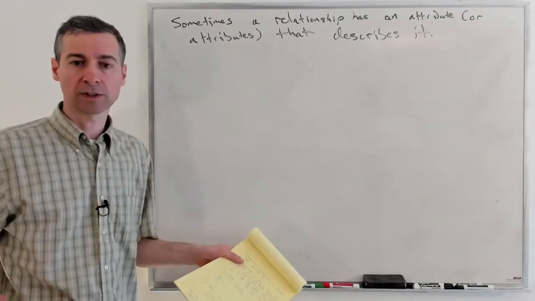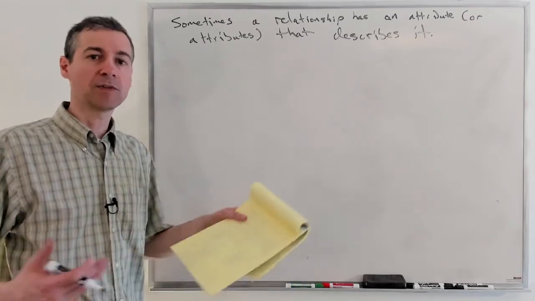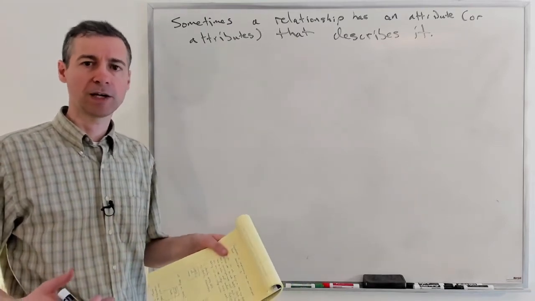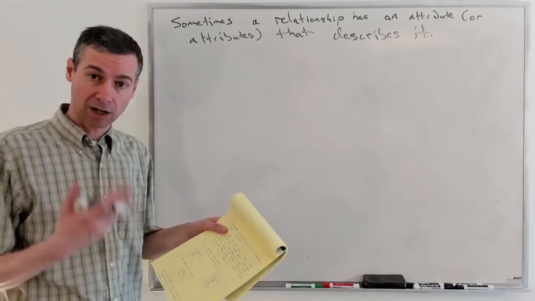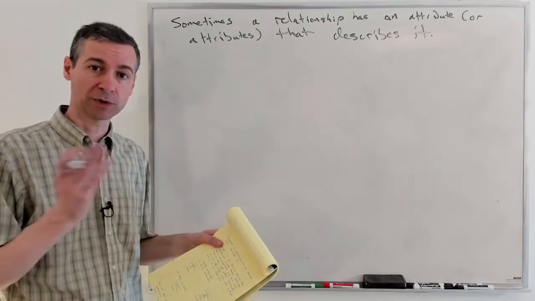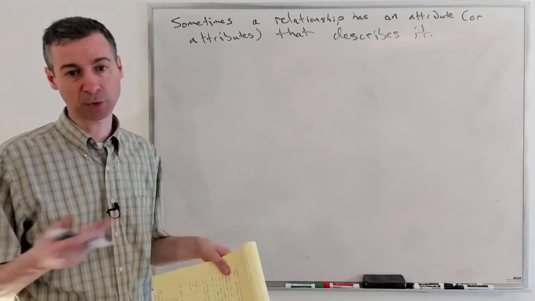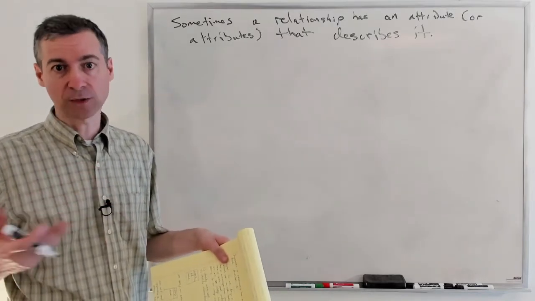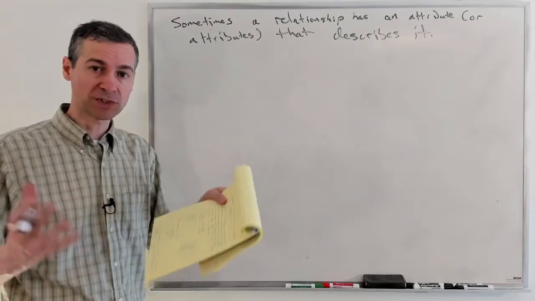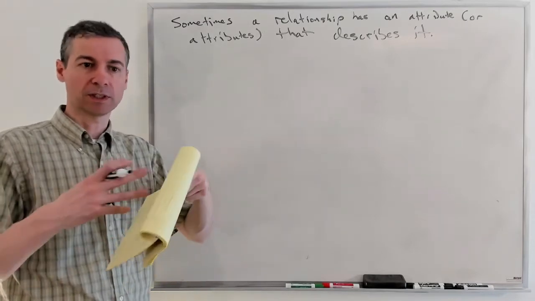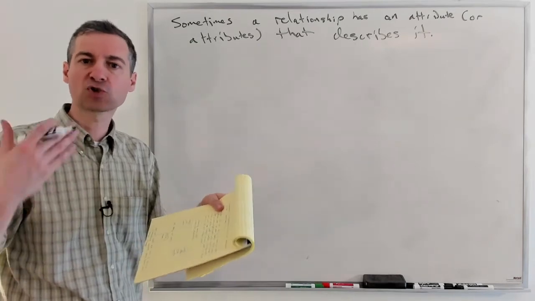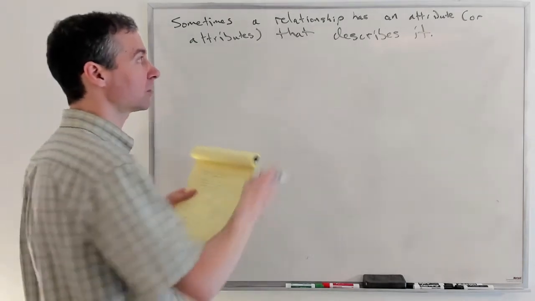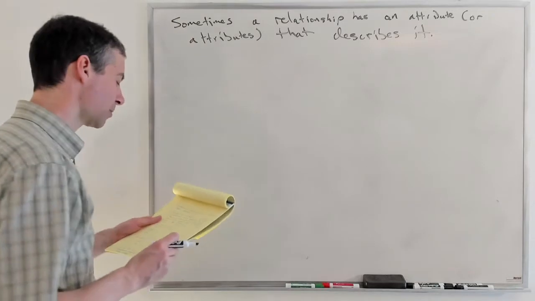Oh, I have a loving relationship. I hate that person. Well, we might want to describe the fact that this relationship between these two people is a loving relationship, and the relationship between these two is a hateful one. The relationship is still connected between the two, but we describe it in some way. So there's absolutely the possibility that we could have some attributes.